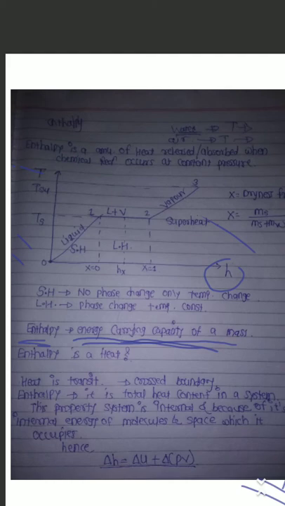Enthalpy is a property of temperature. The change in enthalpy is a function of the change in temperature only, according to the Joule-Thomson law. When we supply heat, the temperature also increases.